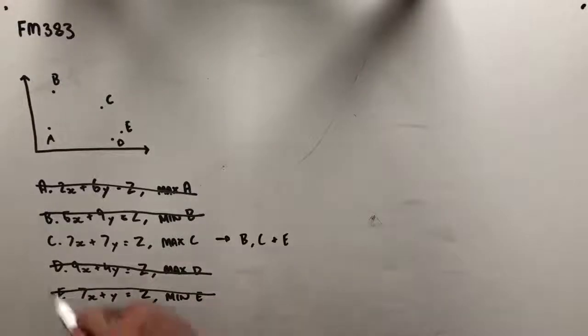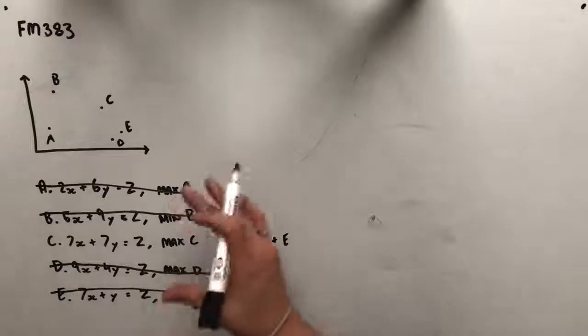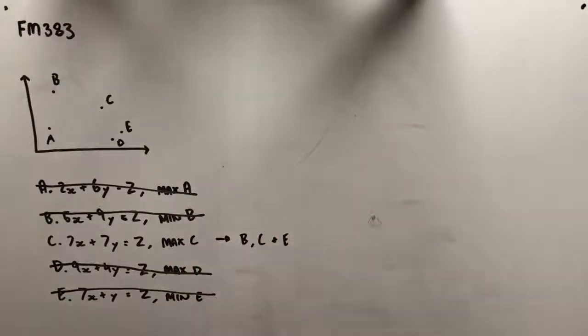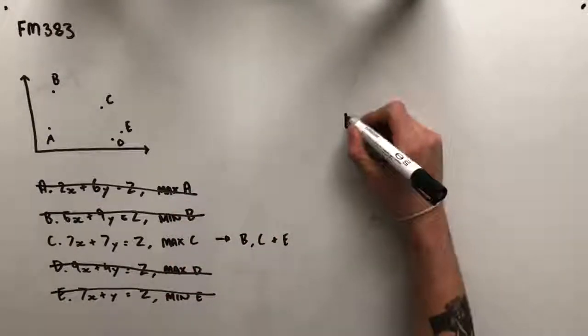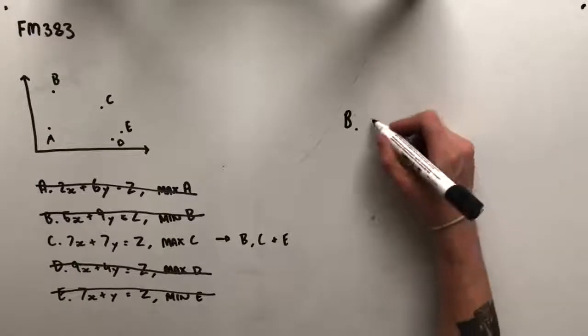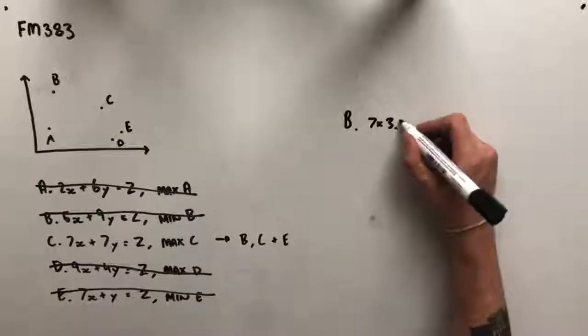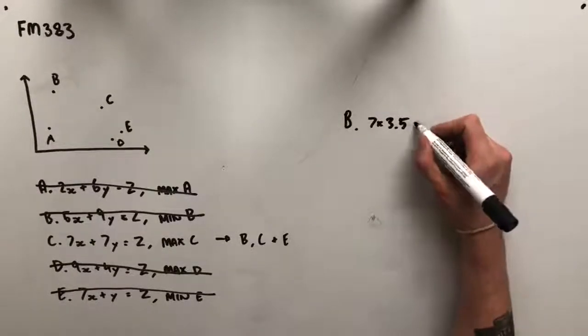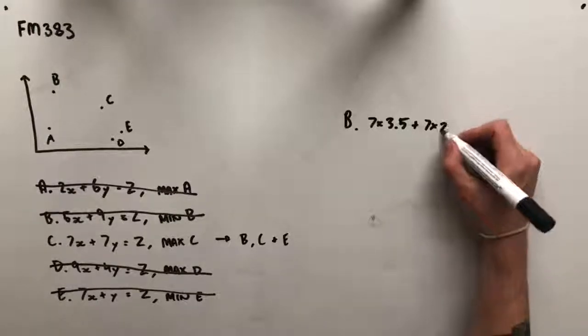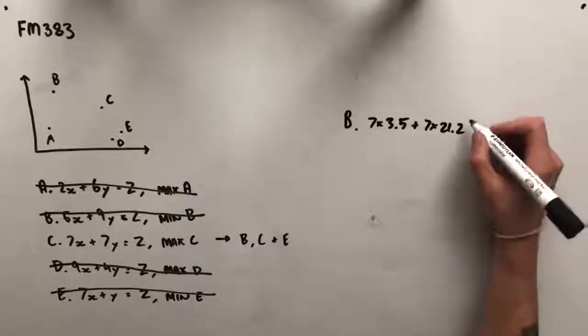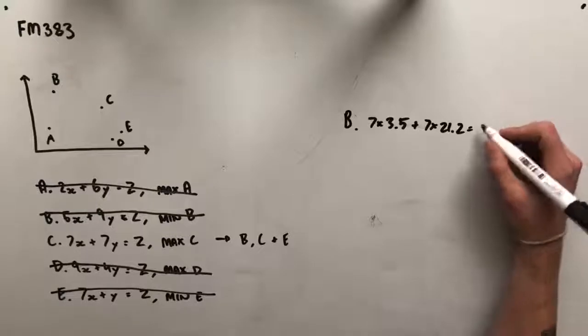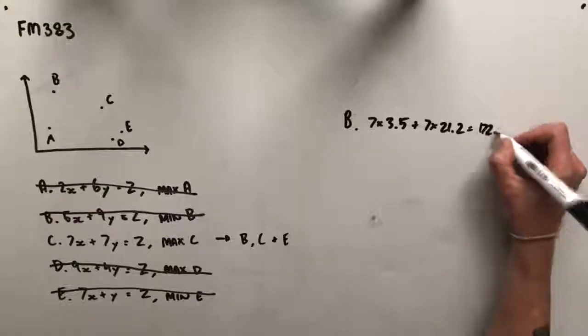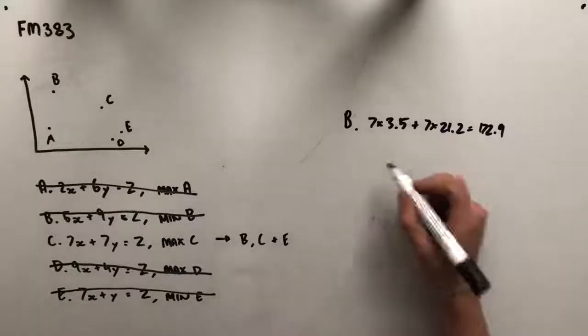At this stage, we should be fairly sure that C is going to be our true statement, but if we have the time, we definitely want to double check just in case. So for B, that would be 7 times 3.5 plus 7 times 21.2, which all up would equal 172.9.